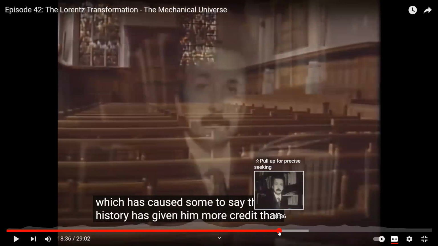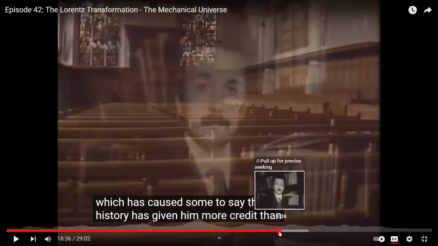Lorentz himself published the Lorentz transformation, which contains the essence of relativity, right? But Lorentz himself did not arrive at those equations from first principles. That's the difference between Einstein and Lorentz.